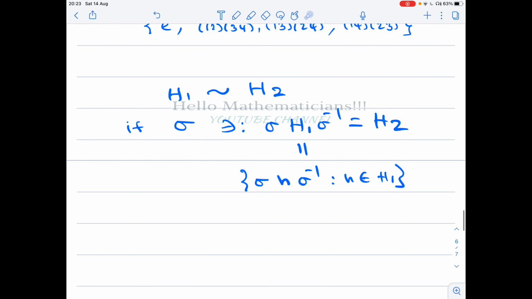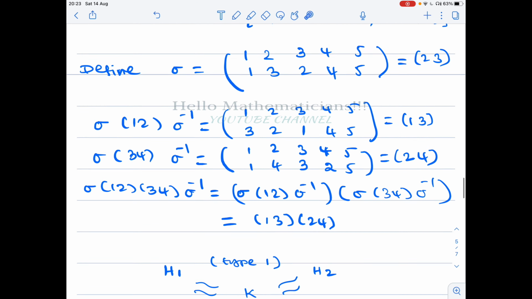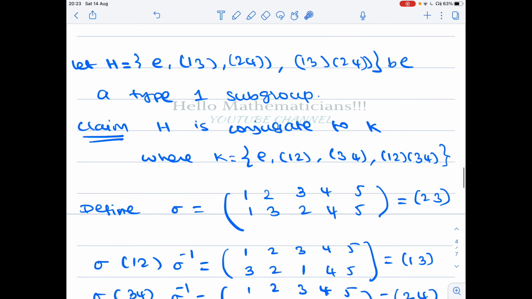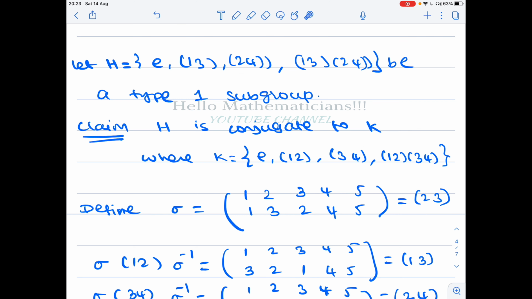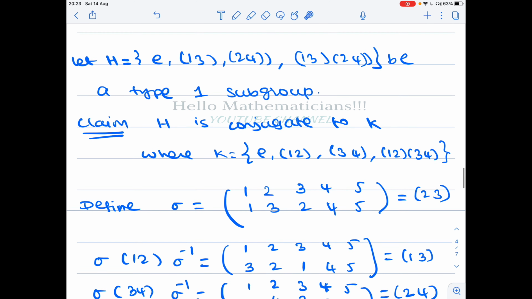So that means that you have to find a permutation such that if you conjugate by that permutation every element of H1 you should get H2. So I need one permutation satisfying this condition. Okay. So I'll construct one permutation sigma. If you conjugate all these elements here, you will get these elements. Therefore, these two subgroups are conjugate. Okay. Let's see how to do it.